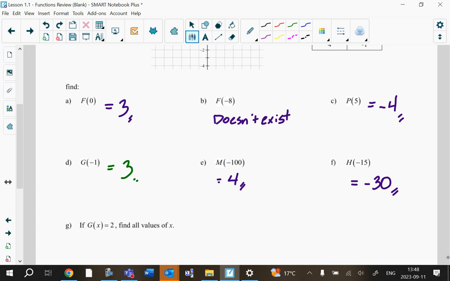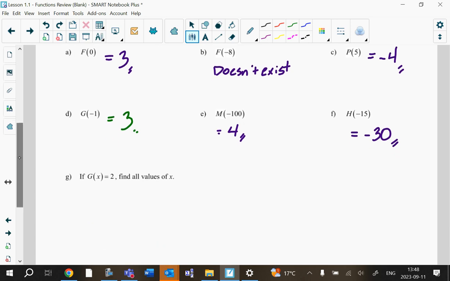And finally, and this one is worded a little bit differently. Notice you're not told what x is. You're told what g of x is. So really, remember, we can replace it with y. So we're working the other way around. You're given the y, you're asked to find the x.